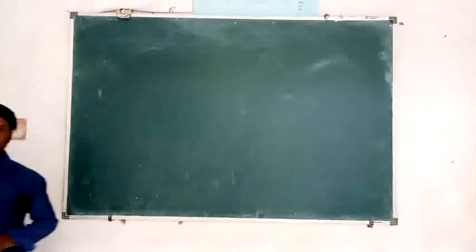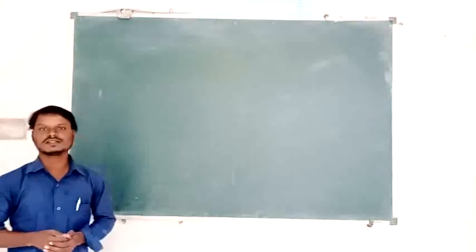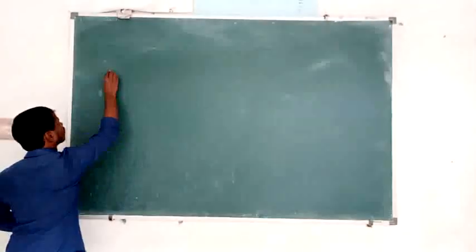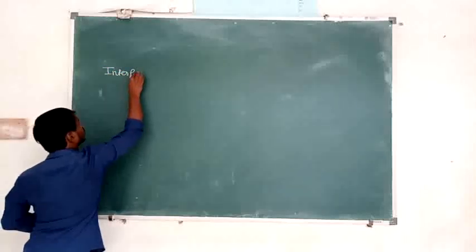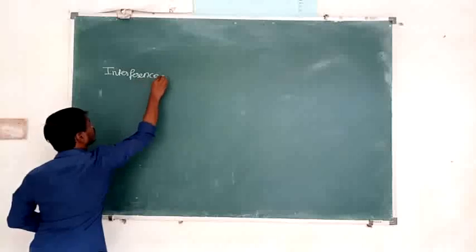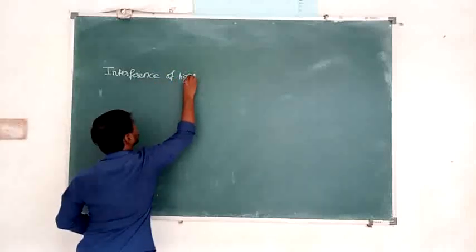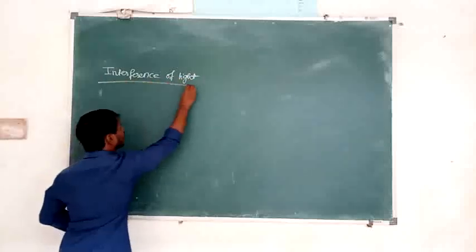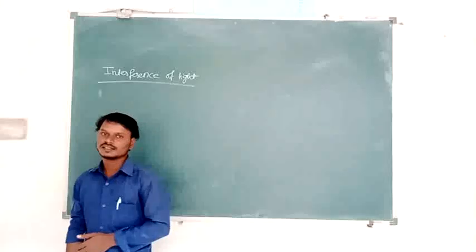What are the formulae needed to solve the CET questions related to interference of light? We already discussed constructive interference and destructive interference in the previous class.